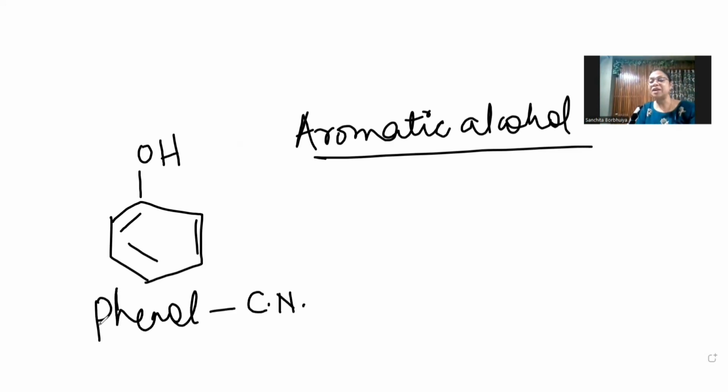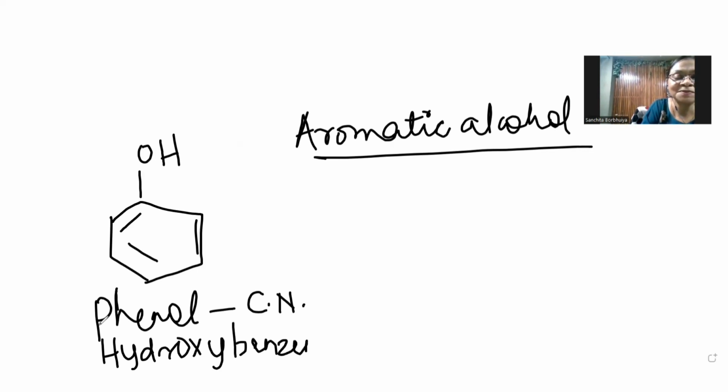And what will be its IUPAC name? Yes, it is hydroxybenzene. OH is the hydroxy, just like you have your sodium hydroxide with an OH. So this is the hydroxy group. So this is hydroxybenzene. So we can do a lot of variations.